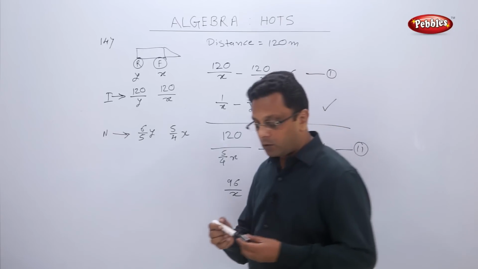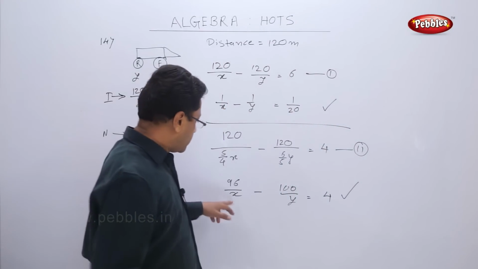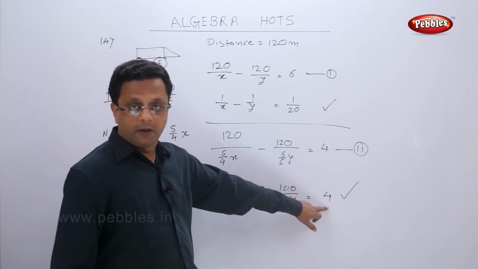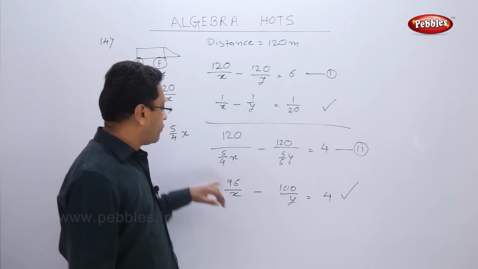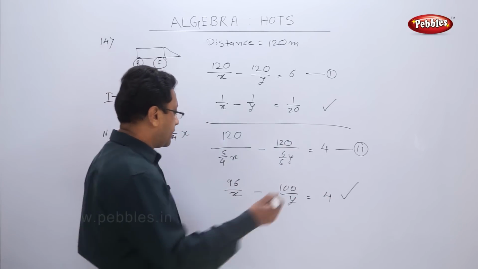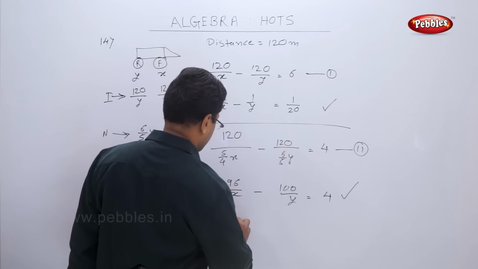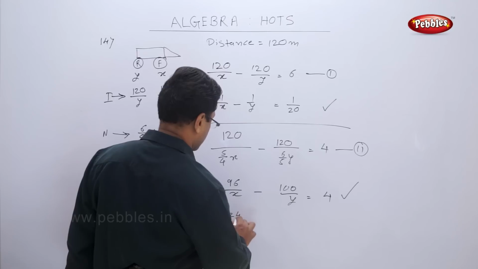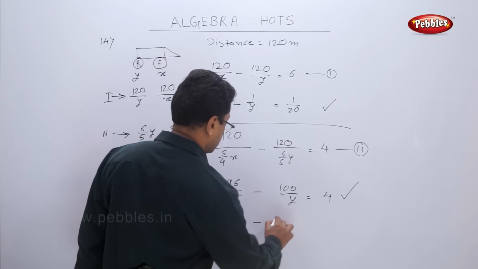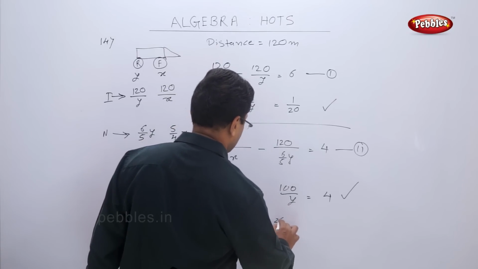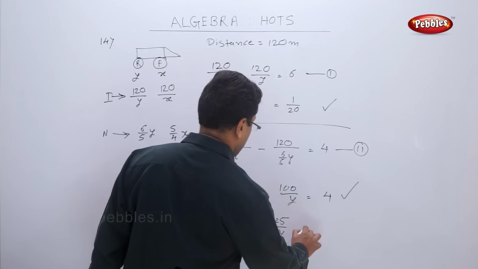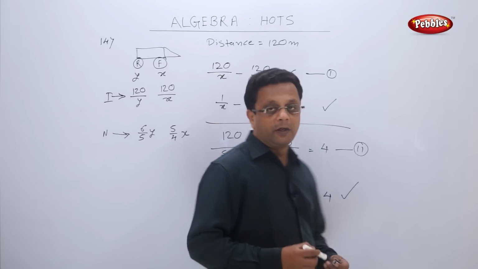Now you have two expressions. Anyway, this can be further divided. If you divide by 4 everywhere, you will get 24 upon x minus 25 upon y is equal to 1.